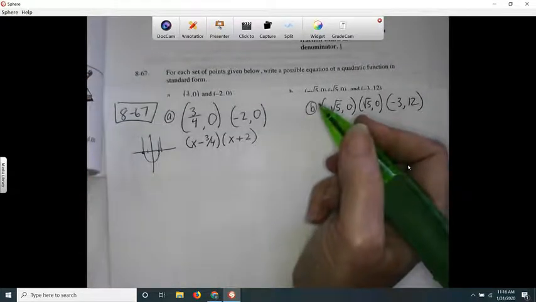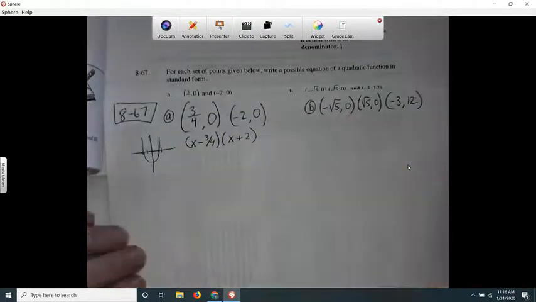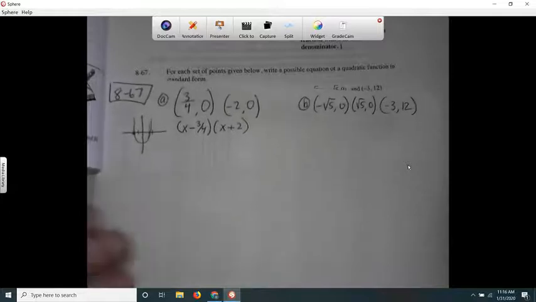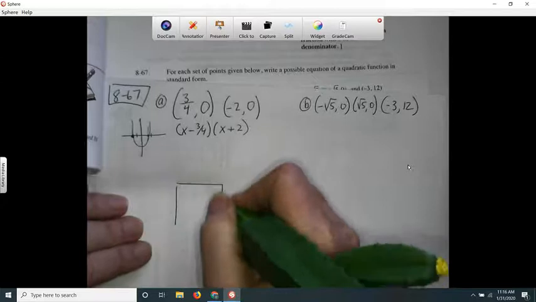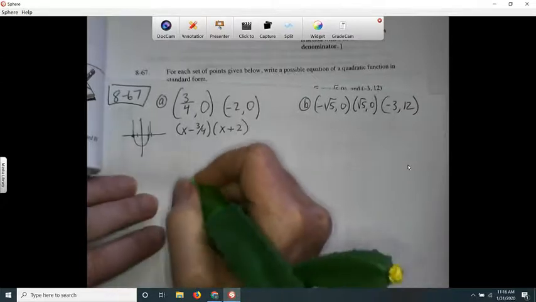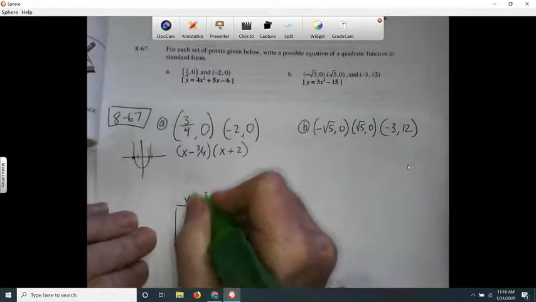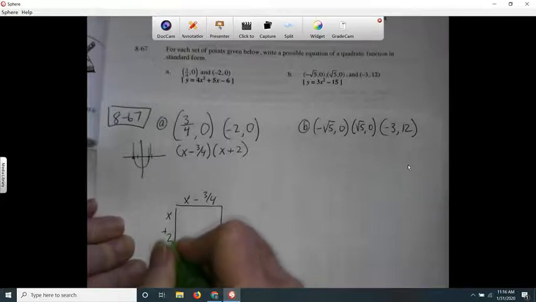Okay, so then all I have to do is multiply this out. I guess we can just use an area model, or you can use FOIL if you know how to do that. So x minus 3/4 times x plus 2.